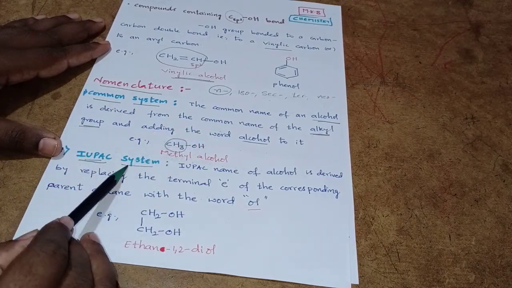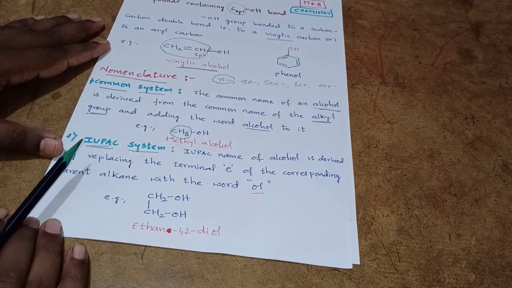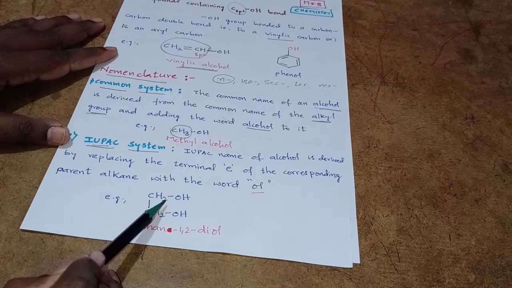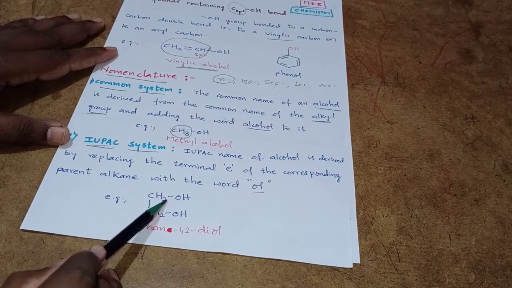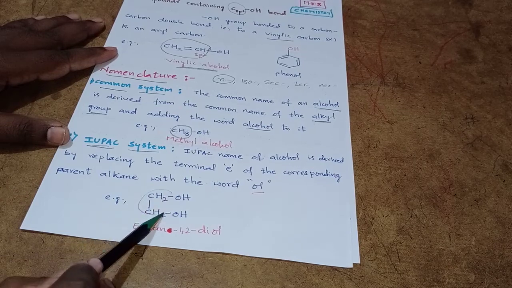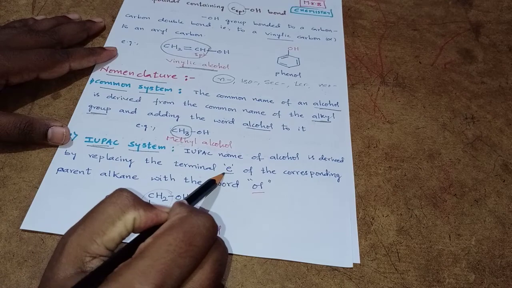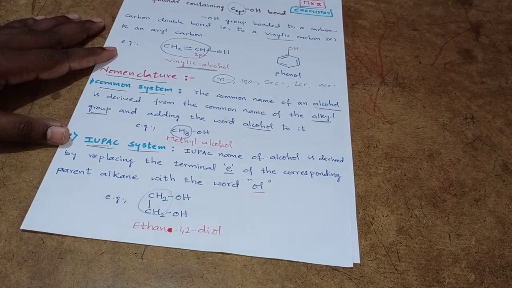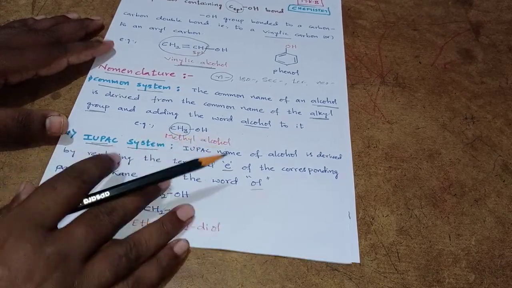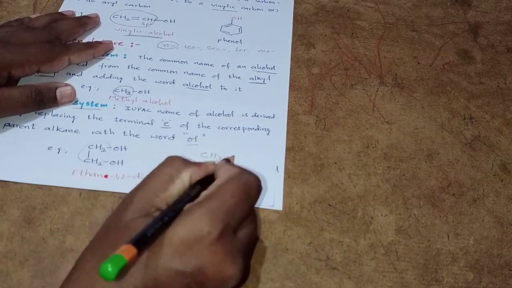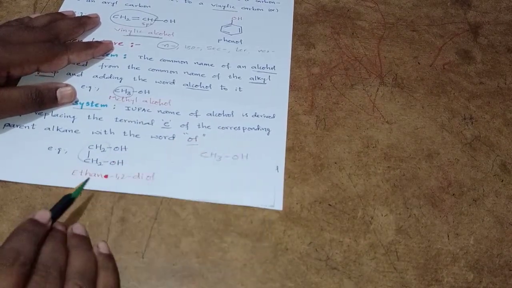And in IUPAC system, in the name of the corresponding parent alkane, the terminal E is replaced with ol. Suppose we take the same example, CH3OH.